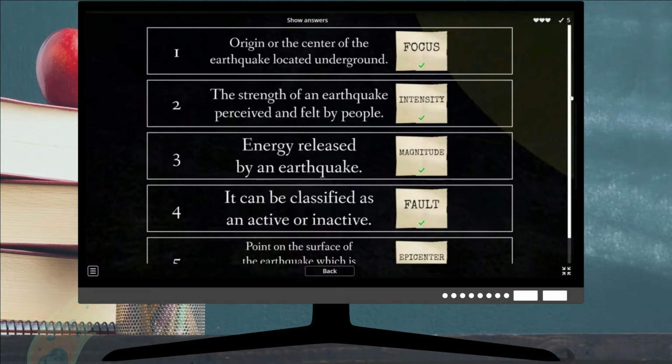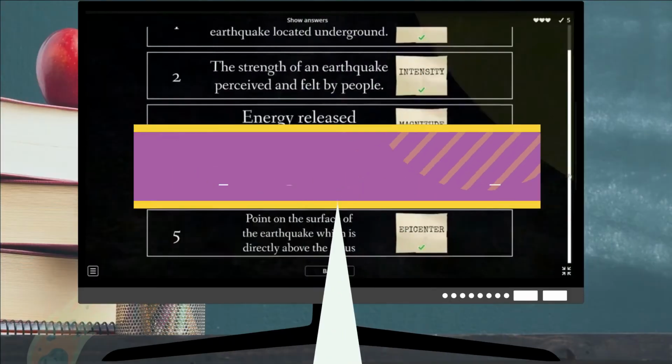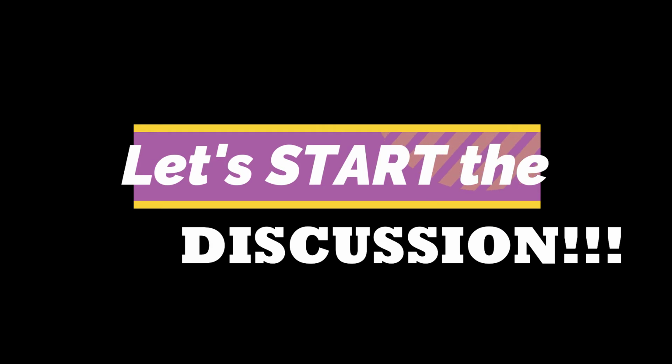Don't forget the terms and their definitions. Without further ado, let's start the discussion.